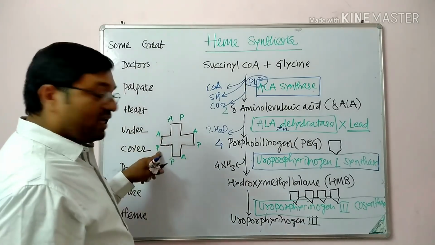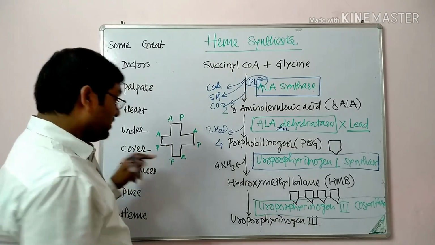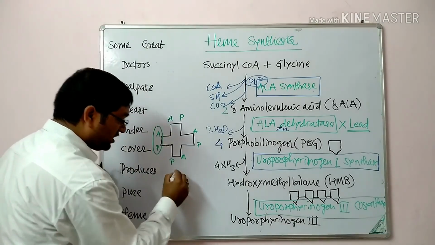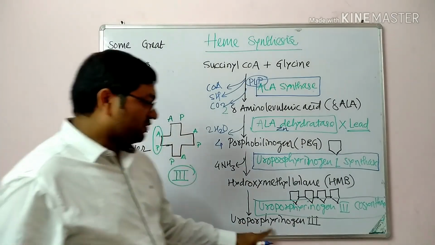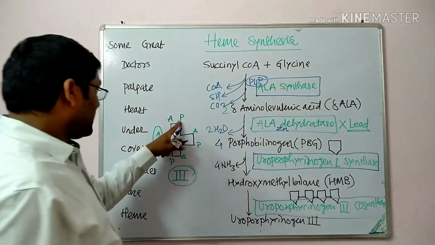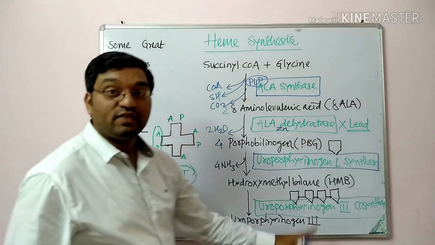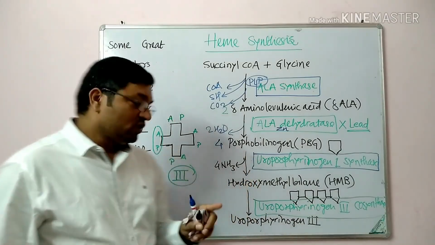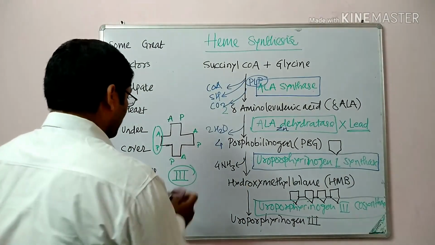As it is PA here, there is a change in the sequence. That's why this is known as 3 in the series, and that's why the name is given uroporphyrinogen 3. If it is AP, AP, AP, and again AP, then it is uroporphyrinogen 1. So this is about uroporphyrinogen 3 synthesis.